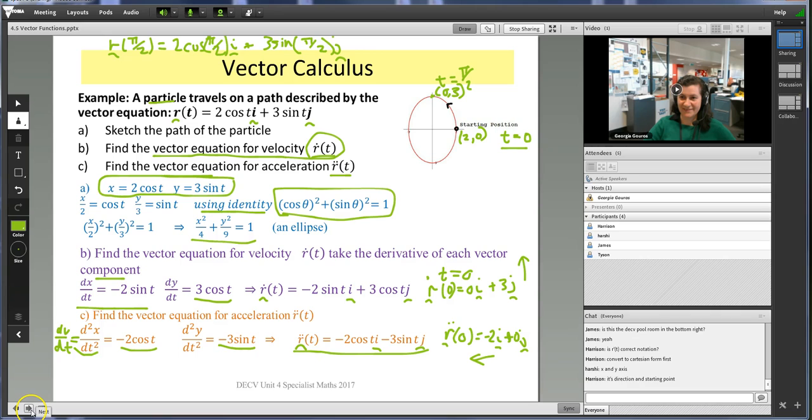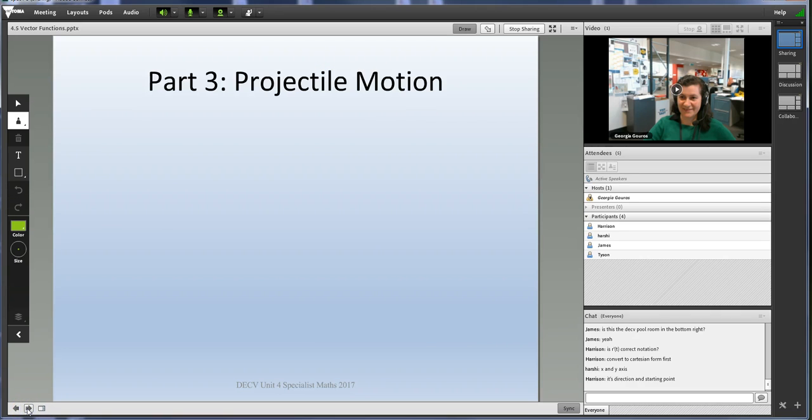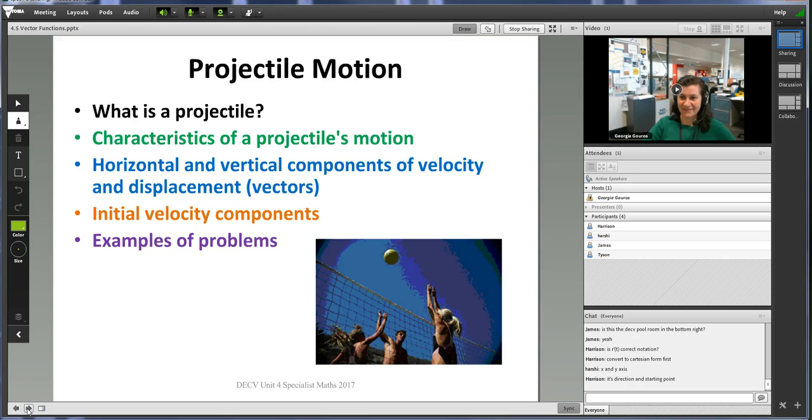Alright, so more on projectile motion. Now, projectile motion, we're going to use those vector equations and the calculus to determine how an object is travelling under the influence of gravity, basically, in 3 dimensions. So, what is a projectile? A projectile is something that flies through the air, I guess.